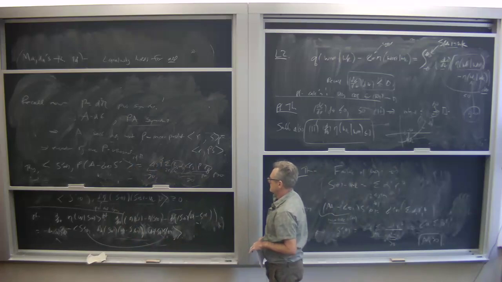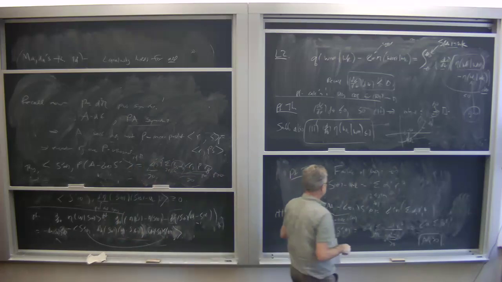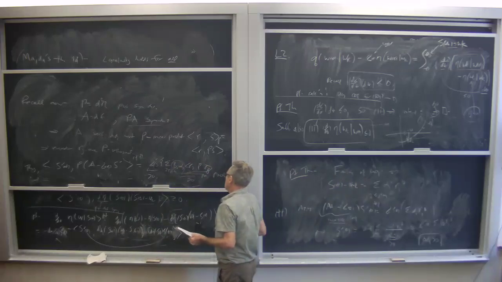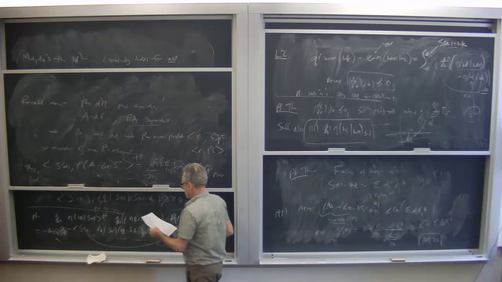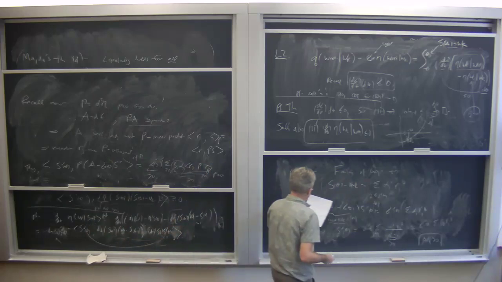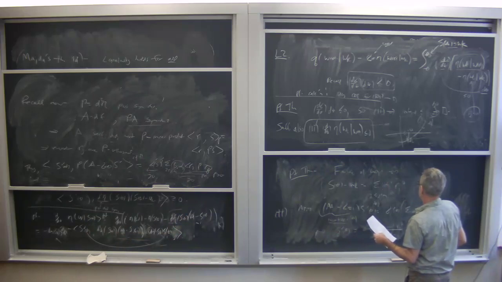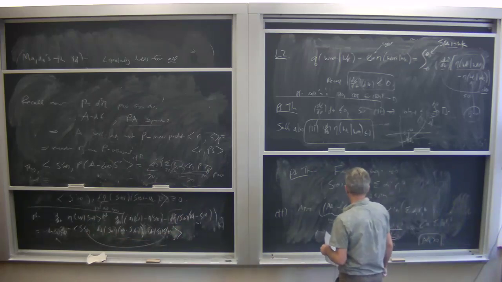Is it sigma or sigma prime? I think it's sigma prime. Sigma prime squared. Yeah, and since it's a square, it's positive. Let's see, why is it squared?